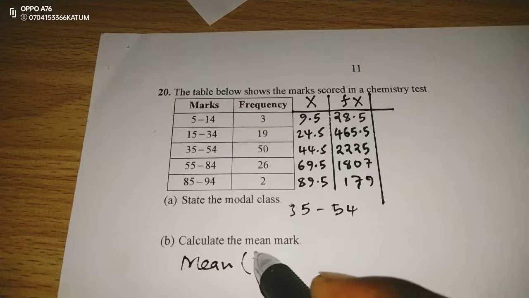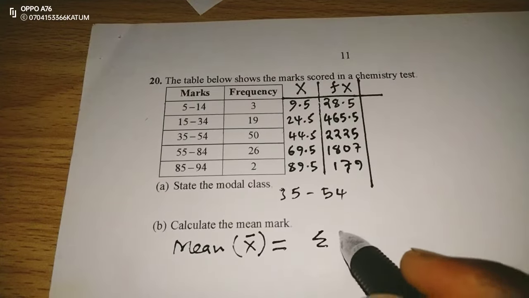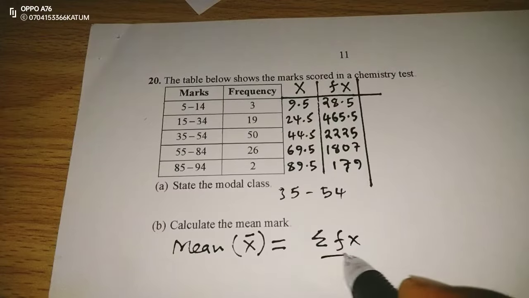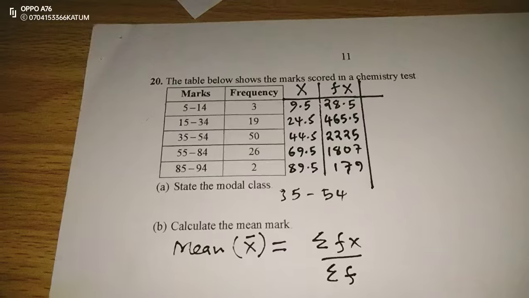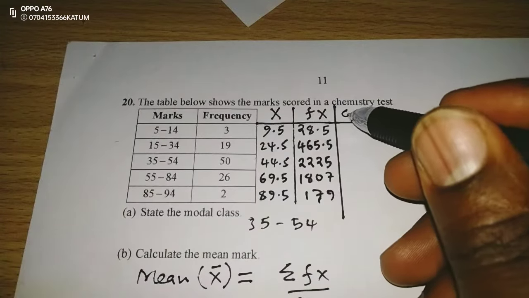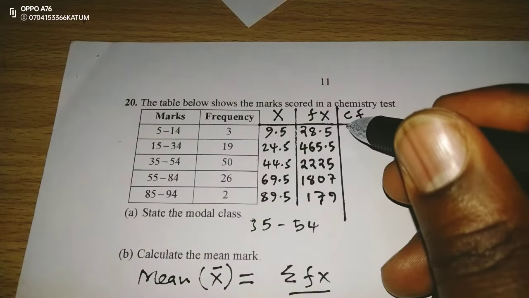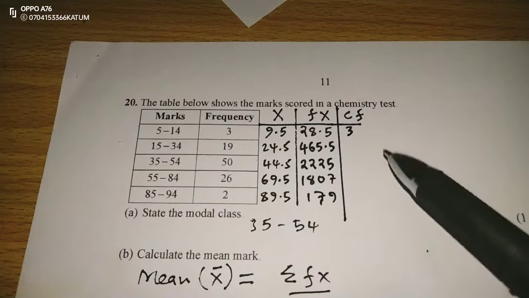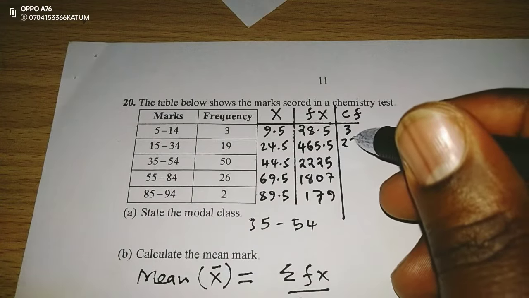the mean, usually called the mean of x, is going to be the summation of f x divided by the summation of f. Therefore, I can get the summation of f using the cumulative frequencies. So I begin with 3. Then the next one will be 3 plus 19, which gives us 22.